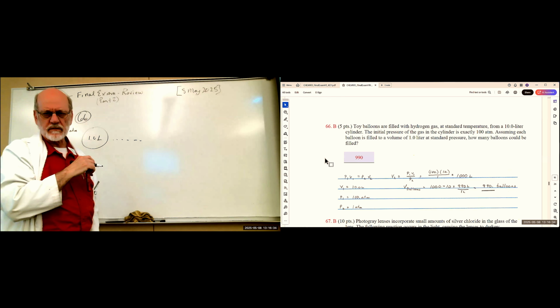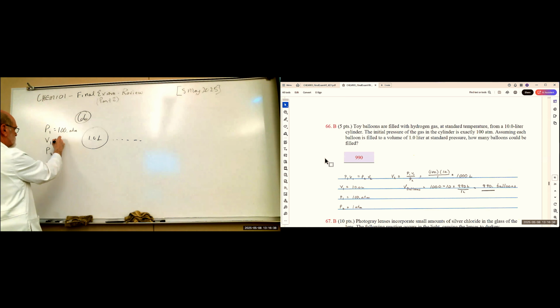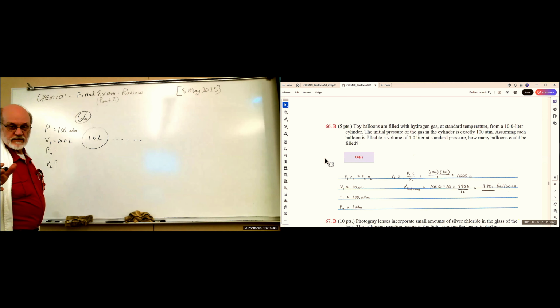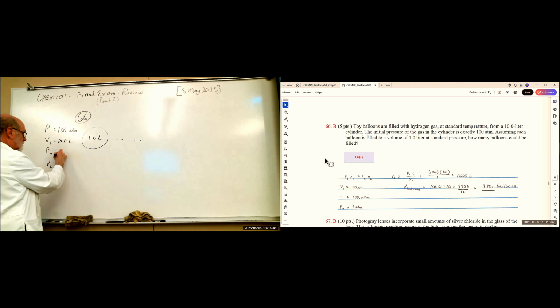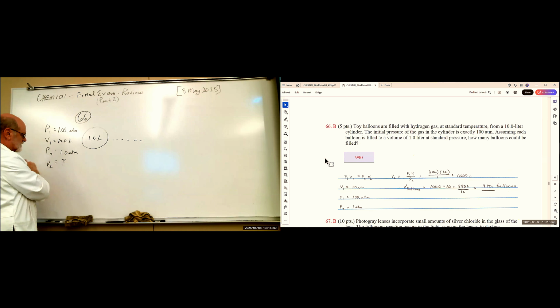And what's the volume of the cylinder? 10 liters. The final pressure is going to be 1 atmosphere, and the final volume is the unknown.